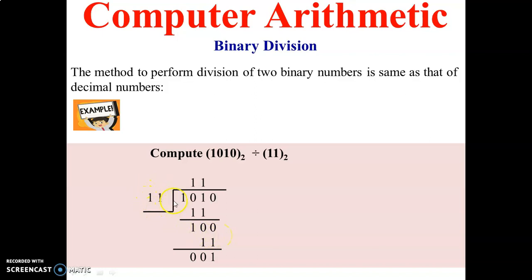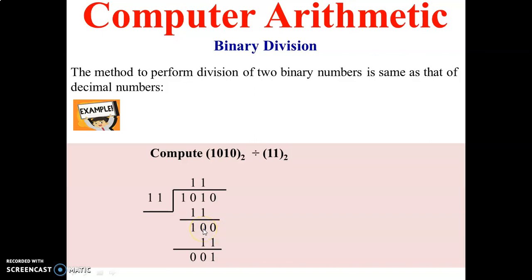Now we are putting 11 here again, and we are going to subtract again. If we subtract 1 from 0, again we have to borrow the number. We can't borrow from 0, so we are borrowing from 1. So here the number will be 10, and as we know 1 plus 1 makes 10.